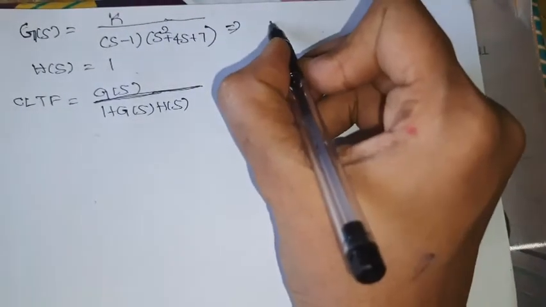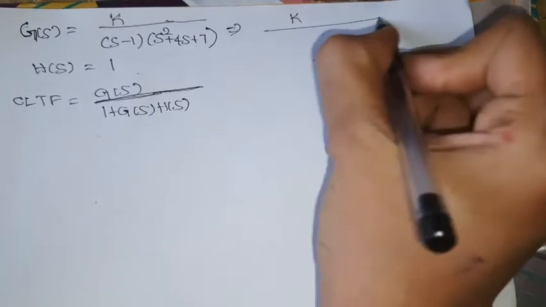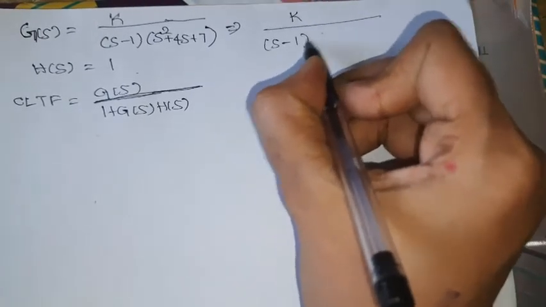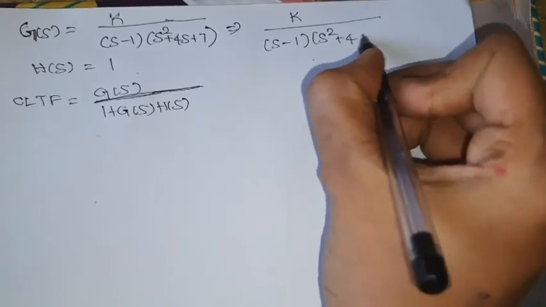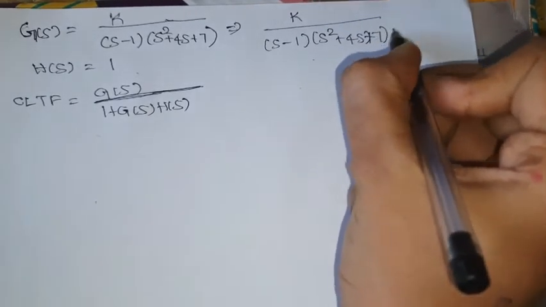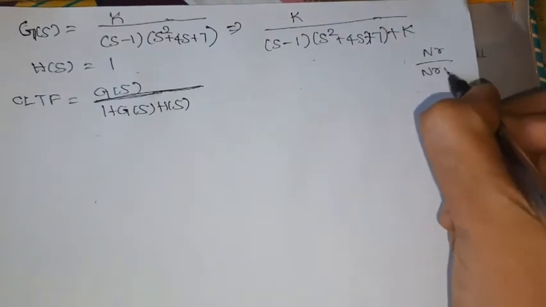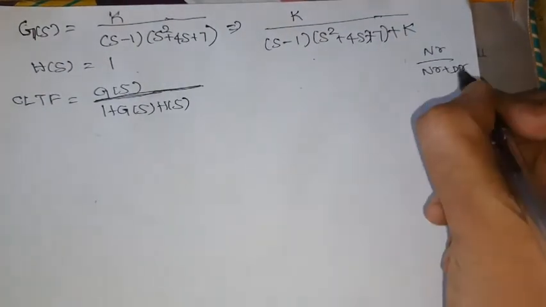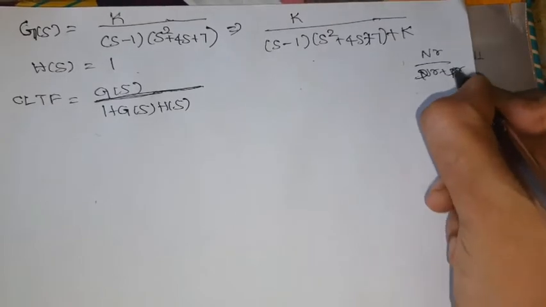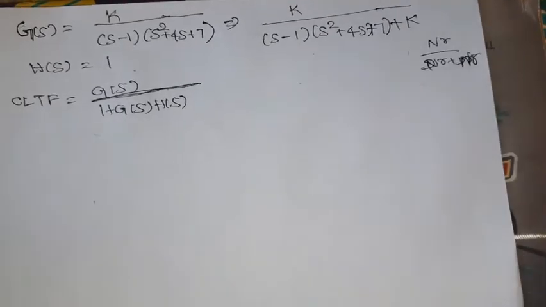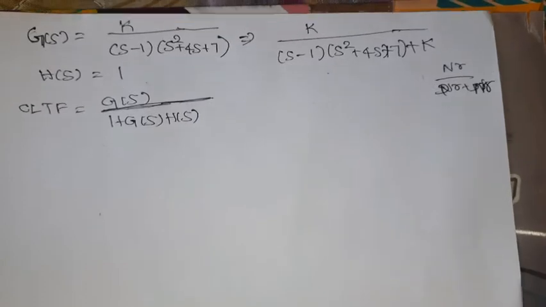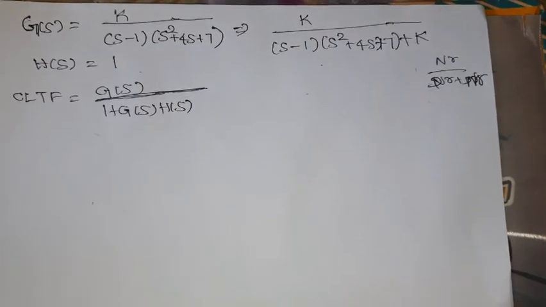In case of unity feedback, just add the numerator term to the denominator. Numerator divided by denominator plus numerator gives the closed loop transfer function for a unity feedback system.